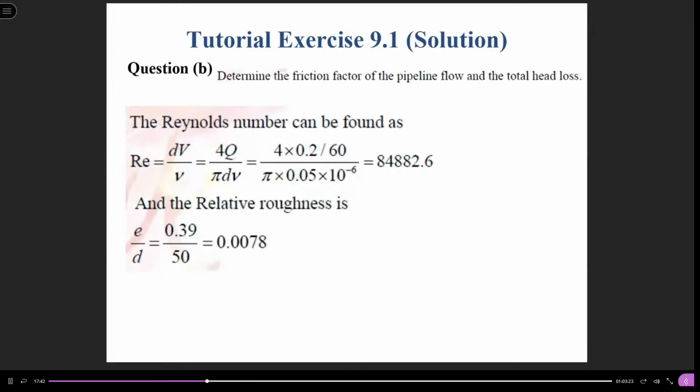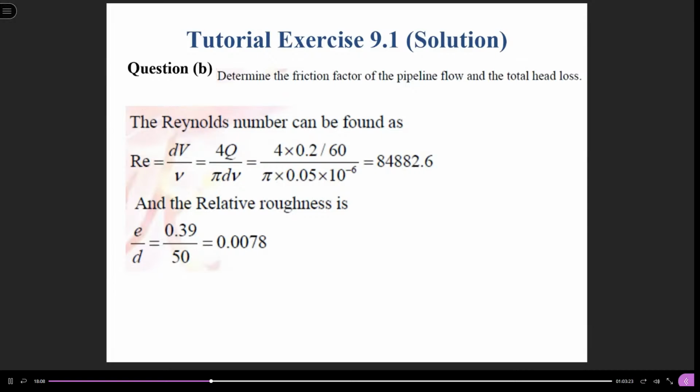Okay. Now question B. Determine the friction factor of the pipeline flow and the total head loss. For this question, to determine the friction factor, firstly we need to know the flow state of the fluid, right?